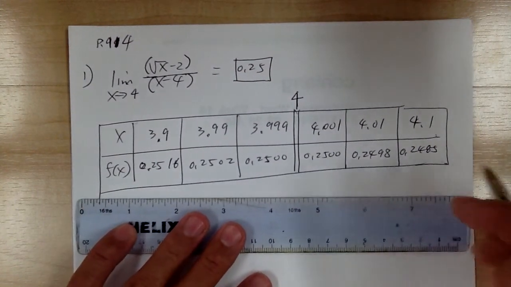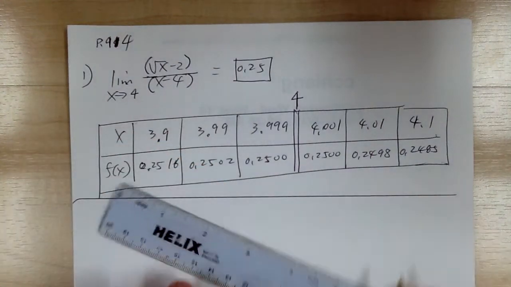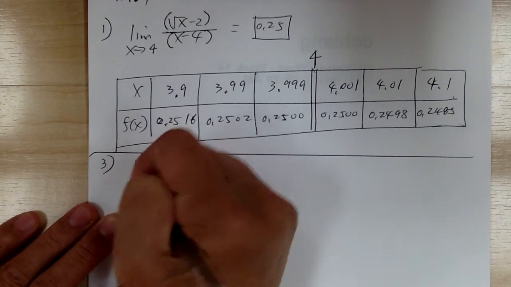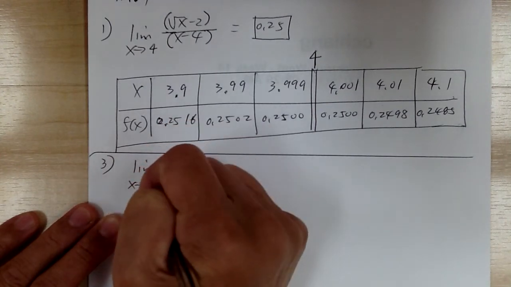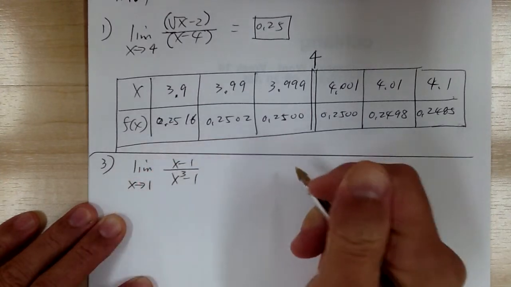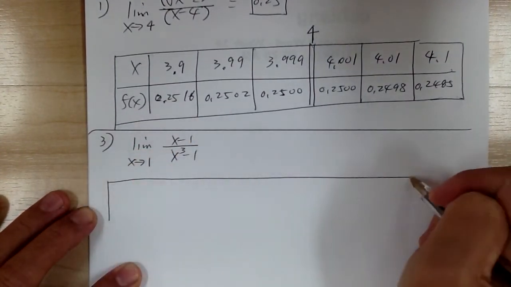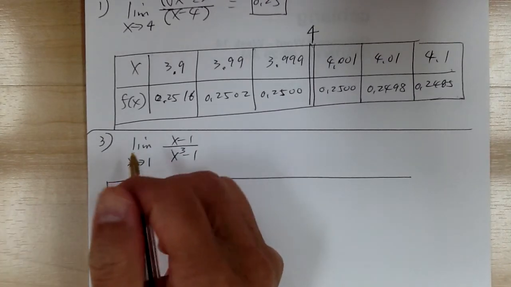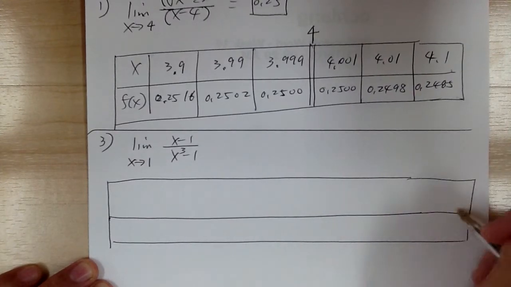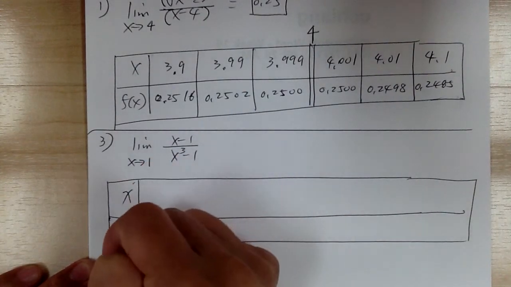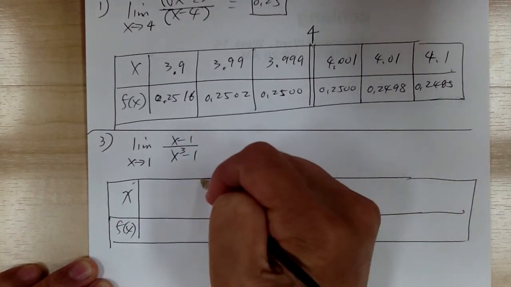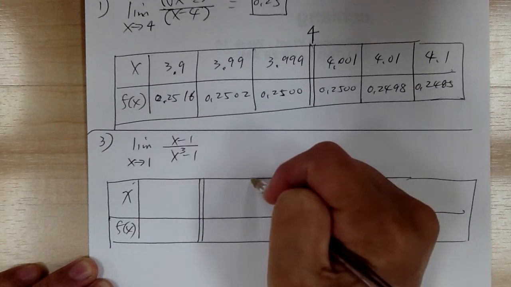Let's go to number 3. You're looking for the limit of (x minus 1) over (x cubed minus 1) as x approaches 1. So you can make your table. You have the x, f of x, and the middle, and then you divide into 3 more sections.